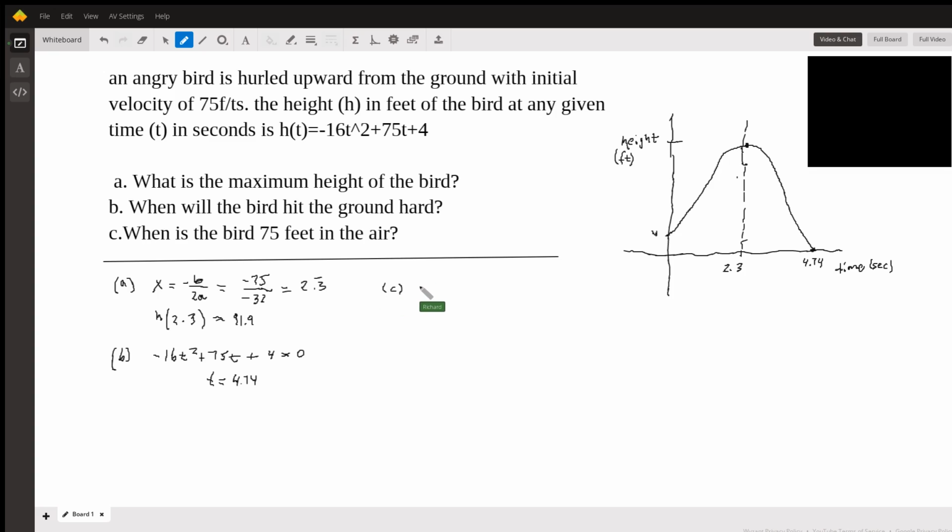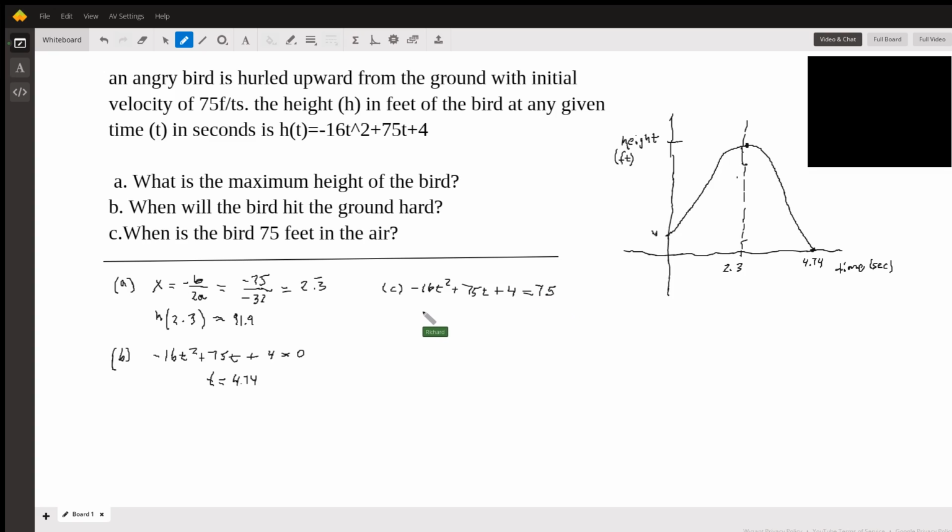And then for part C, we just have to figure out when the bird is 75 feet in the air. So we're going to set the height equal to negative 16 t squared plus 75 t plus 4 equals 75.